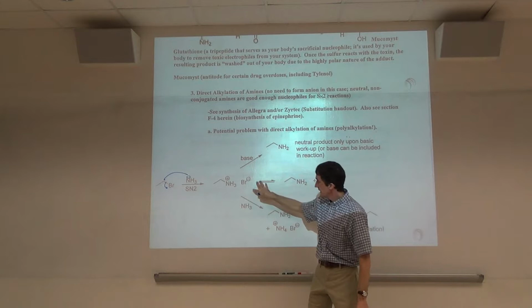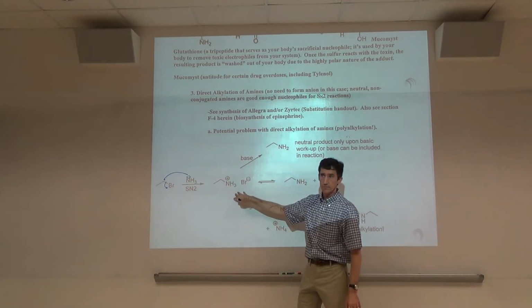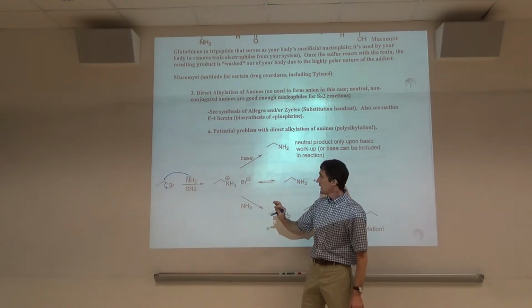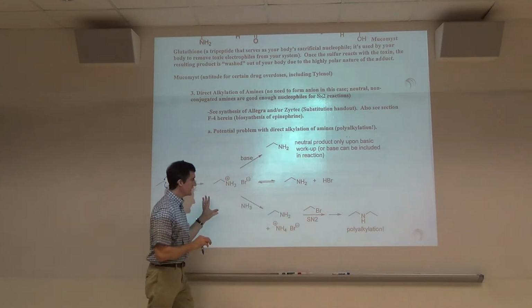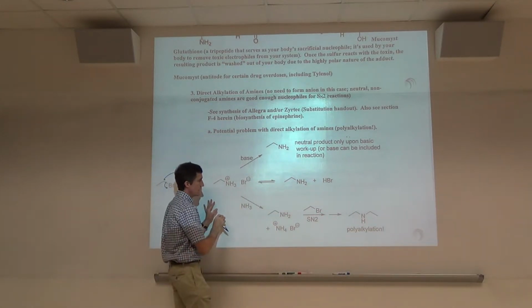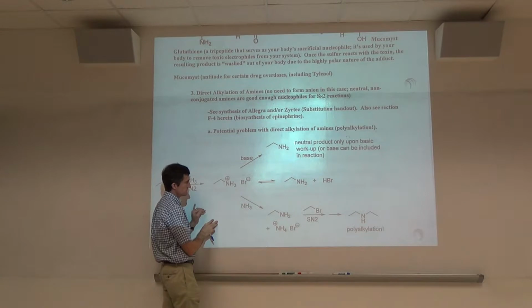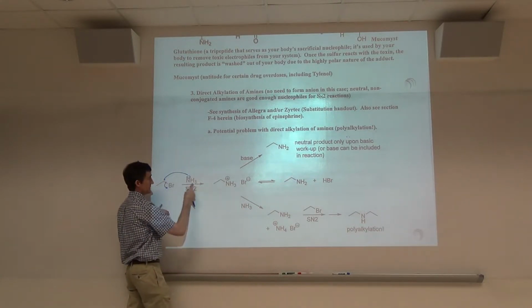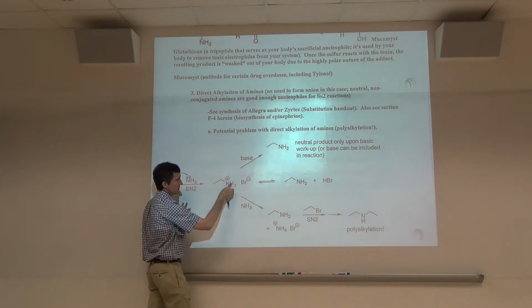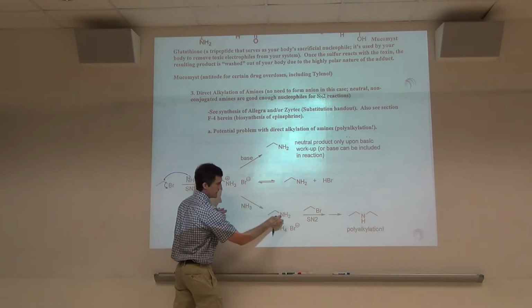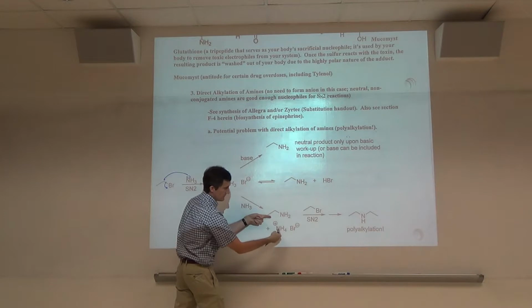Problem is, it doesn't just stop here. It has very good potential to do other things. For example, ammonia can act as a base. And there's ammonia here. If ammonia took the H, we would make the neutral amine plus ammonium.